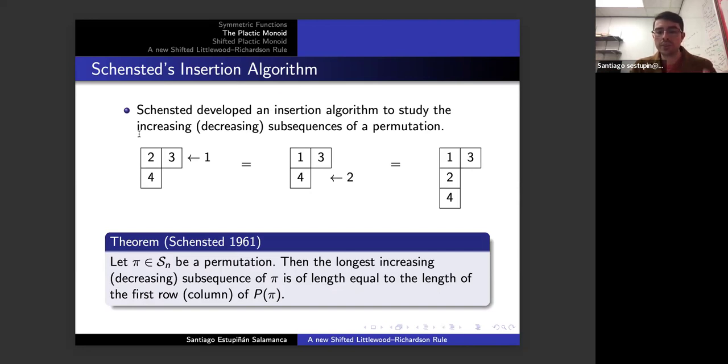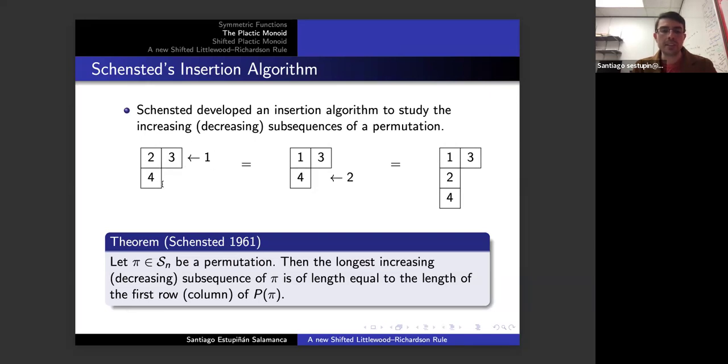Instead, you can also study decreasing subsequences, and in this case the length of the longest decreasing subsequence is the length of the first column of this diagram. This is the original motivation for this algorithm.